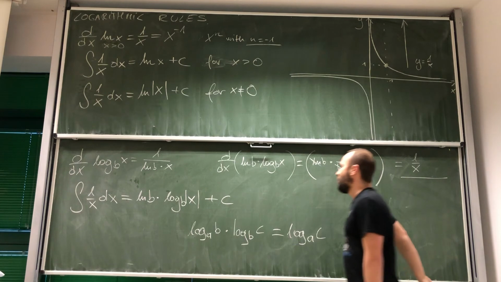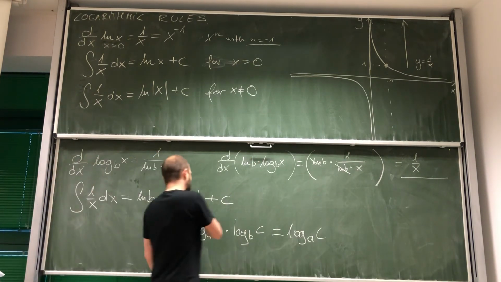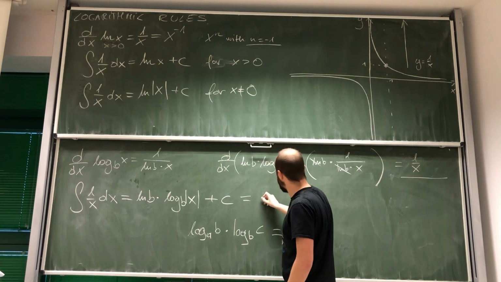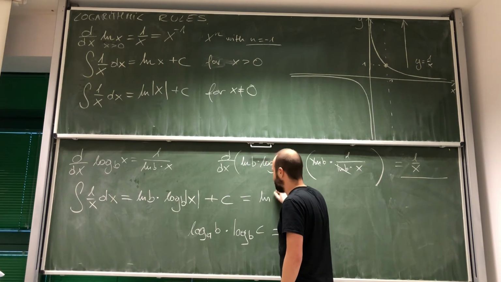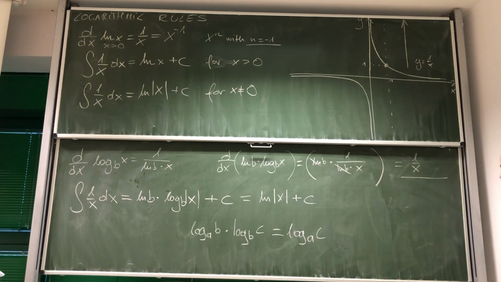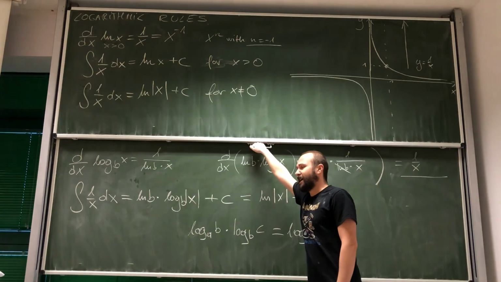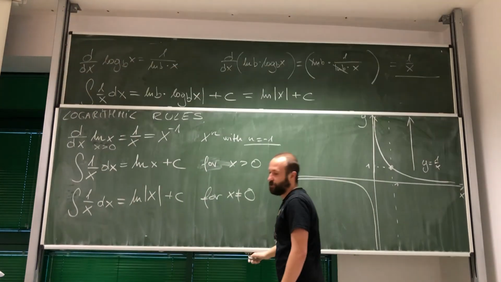And look, what would we get out of this if I would use this rule? That would be simply ln of the absolute value of x plus c. So, even though we can make a generalization here, this generalization of the logarithmic rule is not very useful.